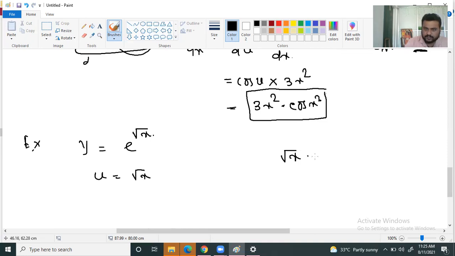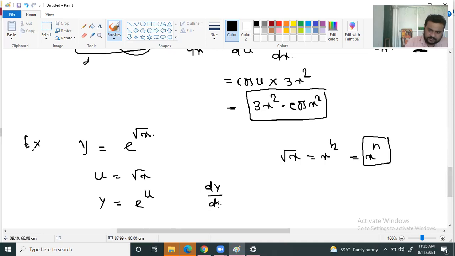Root x is x to the power half. That is the formula we have to use, x to the power n. That means here u is equal to root x. If you take that, then y will be e to the power u. Then dy by dx is equal to dy by du into du by dx.